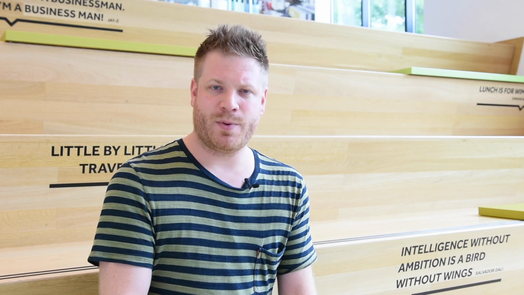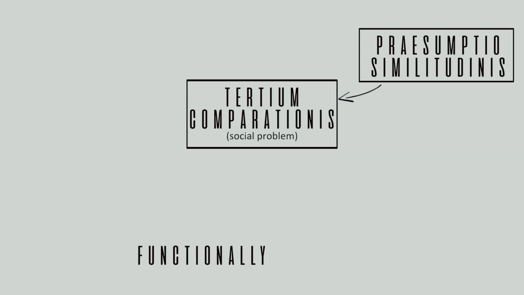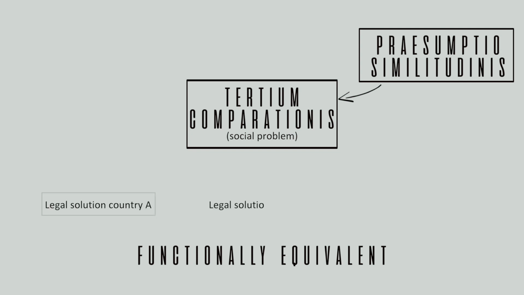So, to sum up, we assume that each society faces similar problems, praesumptio similitudinis. This similar problem we can select as a starting point for a comparison. This is called the tertium comparationis. And then when we dig into that, we start looking for the functional equivalent solutions we find in each legal system.